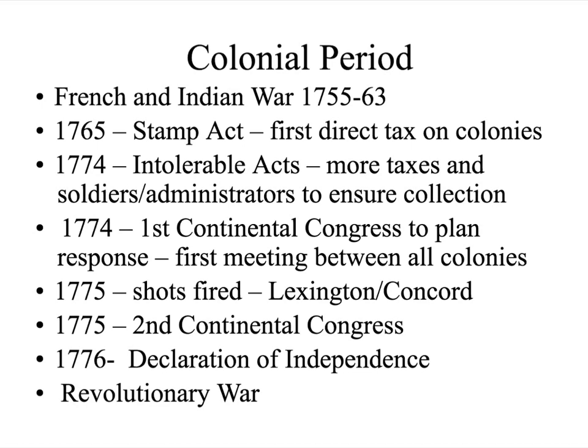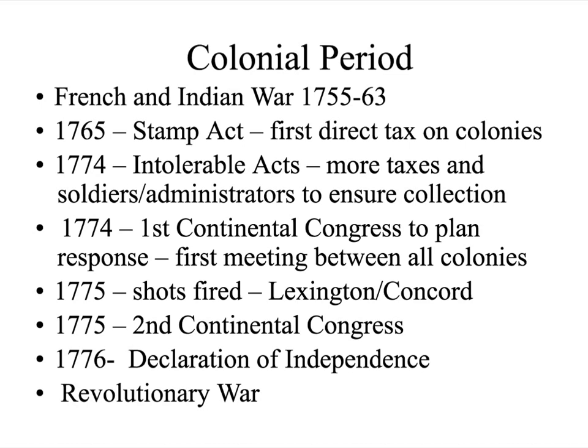Later that year, the colonists did get together and met for the first time in what we now call the First Continental Congress. And they planned that they were going to boycott and refuse the tax collection. So they all went home. The next year, the altercation becomes violent.